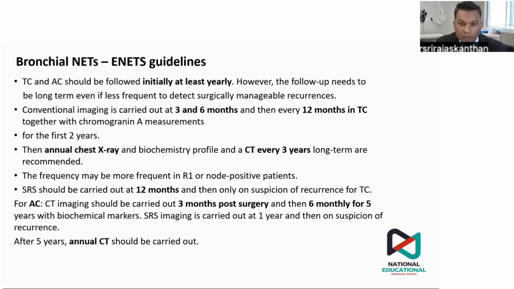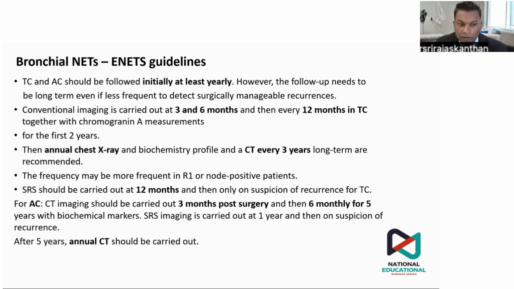And then beyond those years, every 3 years, a CT scan and an annual chest X-ray. They actually suggest this can be considered long-term, or lifelong. The role of SRS, which is somatostatin receptor scintigraphy, so either octreotide or Octreoscan or PET, should be at 12 months, and then only again if there's suspicion of recurrence.